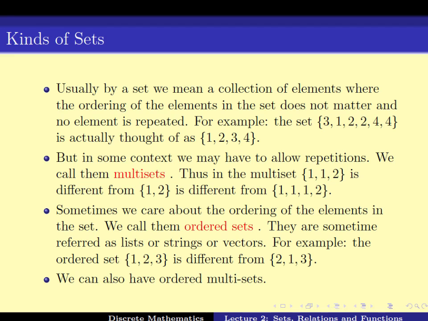The reason being, in the first case, in the set of 1, 1 and 2, there are two 1s, whereas in the case of 1, 2, there is only one 1. And similarly, it is also different from three 1s and 2. So when we want to refer to such a set where repetitions should be taken into consideration, we call it a multiset.